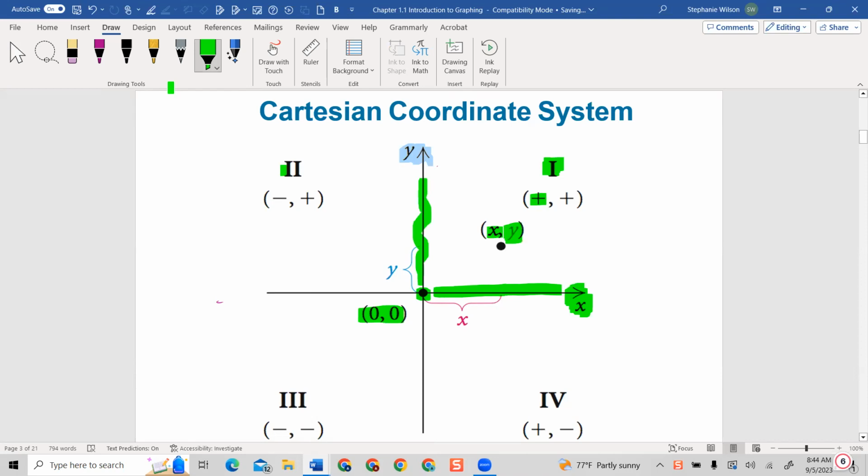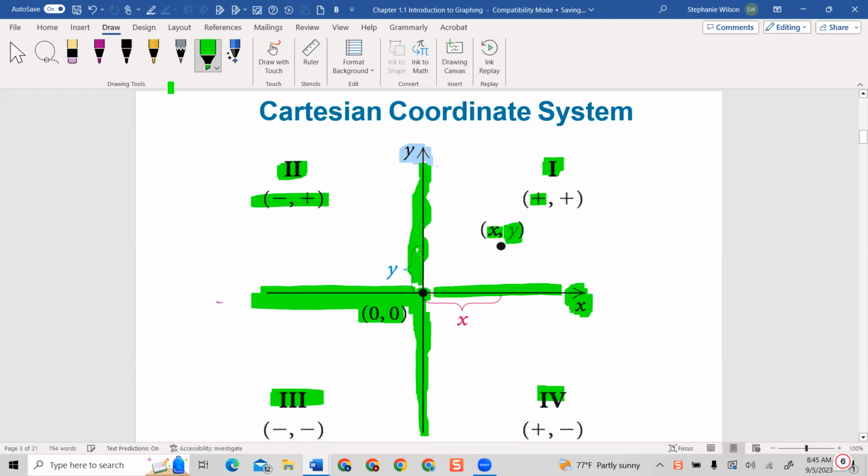Now, in the second quadrant, you'll notice that we move to the left of the origin, so that means our numbers are negative for x, but our y values are still positive because it goes above it. So we get the ordered pair negative, positive. Now, when we talk about the third quadrant, we're still to the left of the origin, so x is still negative. And then we're looking below the origin, so those values are negative for y.